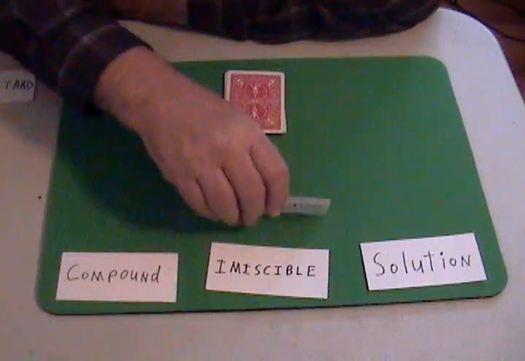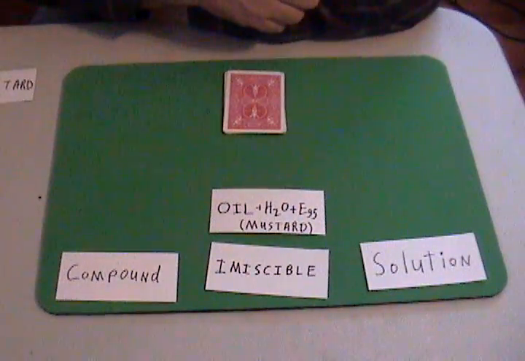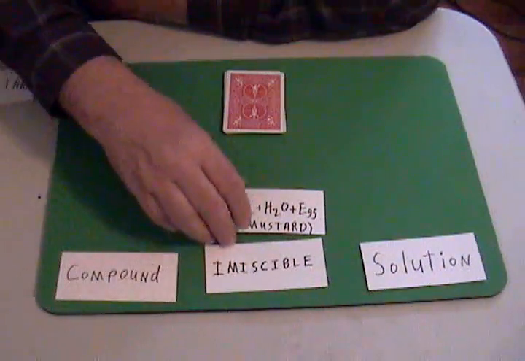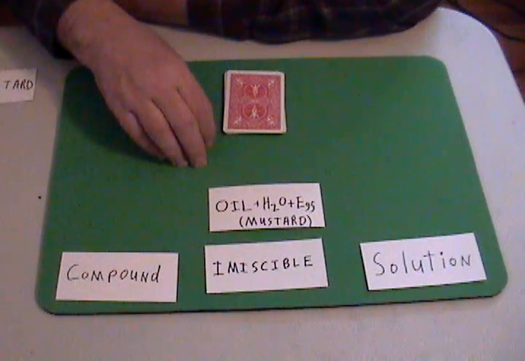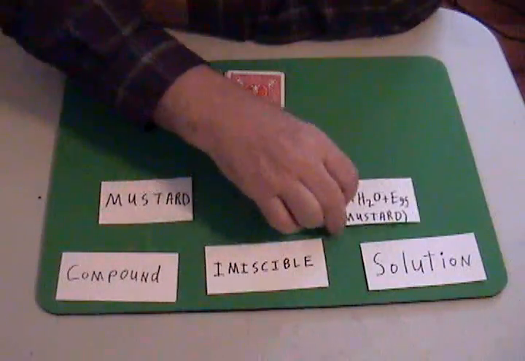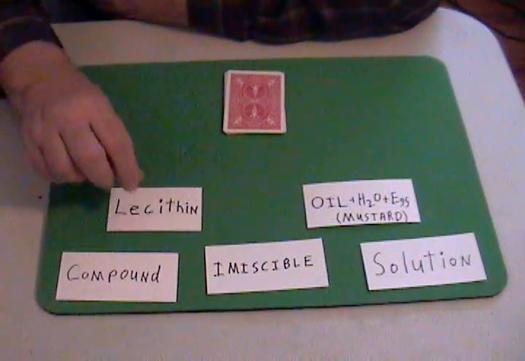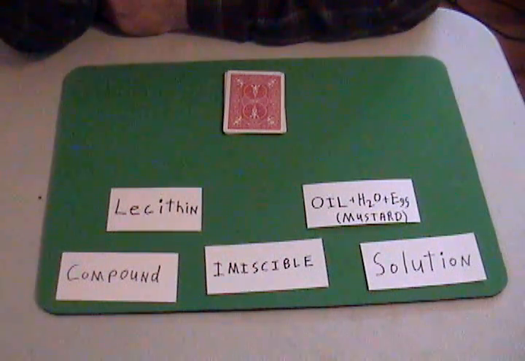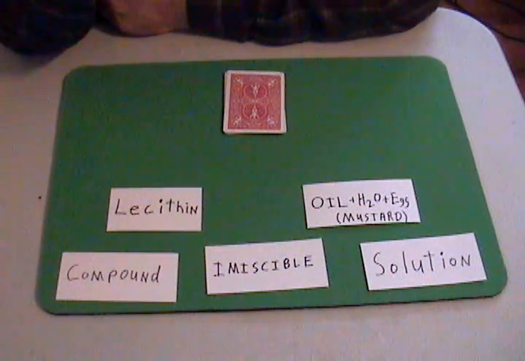It's because with the oil and the water, there is something called an emulsifier, in this case mustard. The mustard is an emulsifier. It contains the material lecithin. Lecithin is also the emulsifier that makes the milk and milk chocolate stay mixed with the chocolate in milk chocolate.